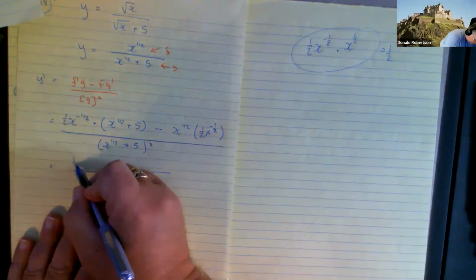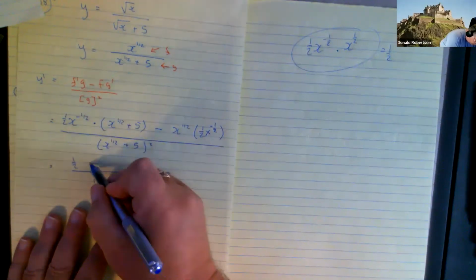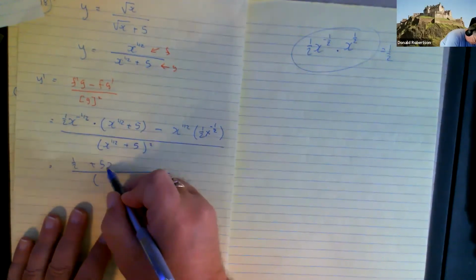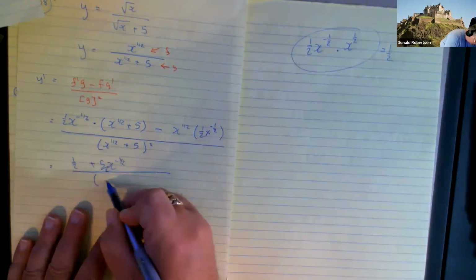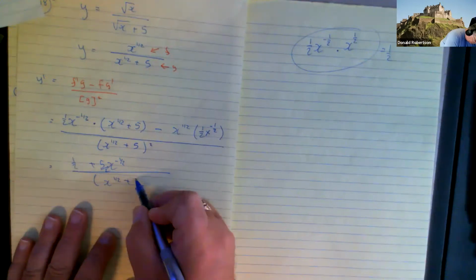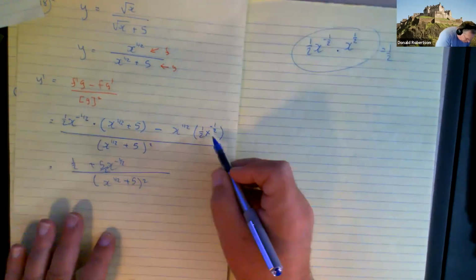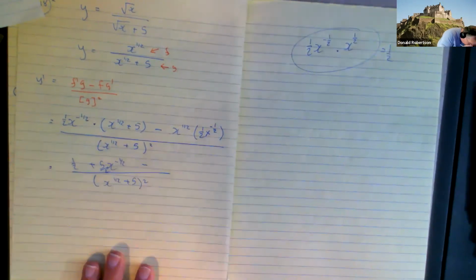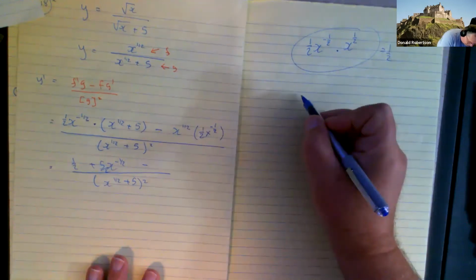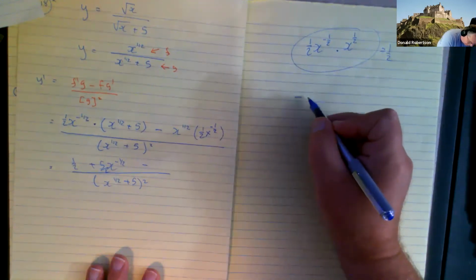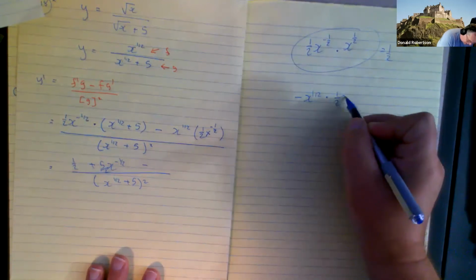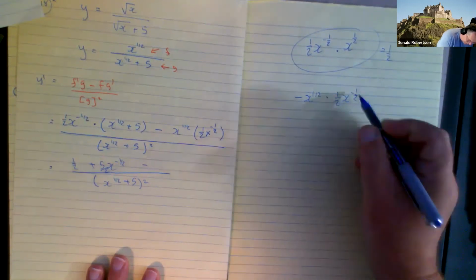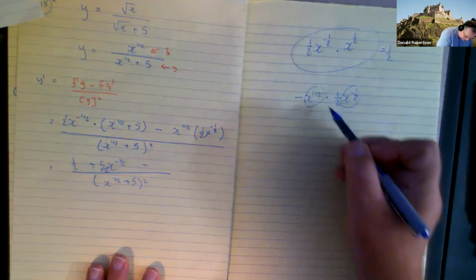1/2. So you get 1/2. And then this guy times this guy just gets you 5 over 2 x to the negative 1/2. And this guy times this guy gets you negative, well, let's put it in. If I do negative x to the 1/2 times 1/2 x to the negative 1/2, don't these two essentially cancel out?